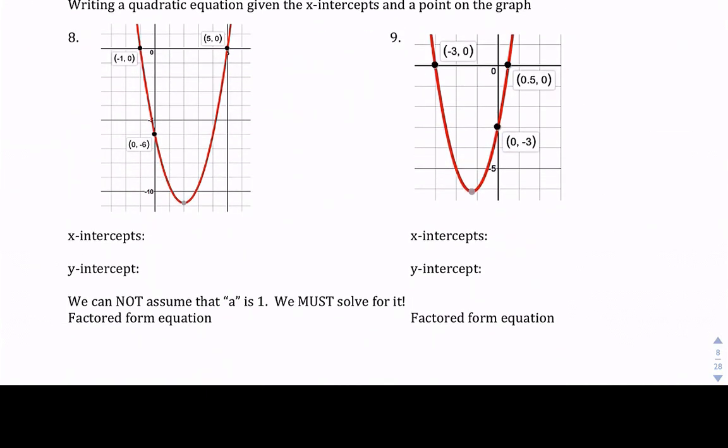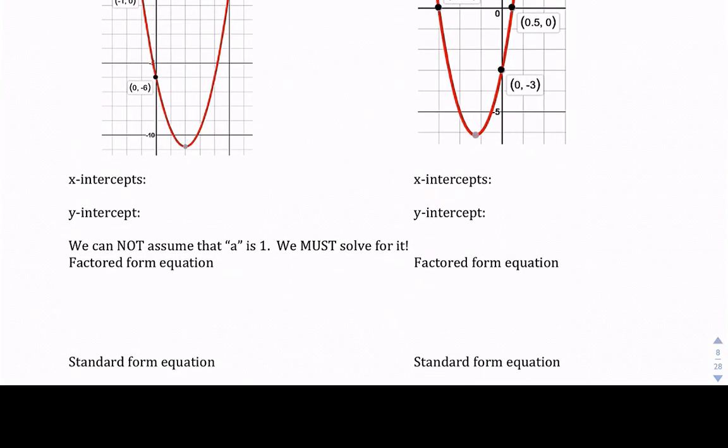So the next point is to practice writing a quadratic equation given the x-intercepts and a point on a graph. We're going to practice writing the equation today. Yesterday we went backwards, and from the equation we did the graph. Now, from the graph, can we write the equation? So the x-intercepts here are -1 and 5, and the y-intercept is -6.